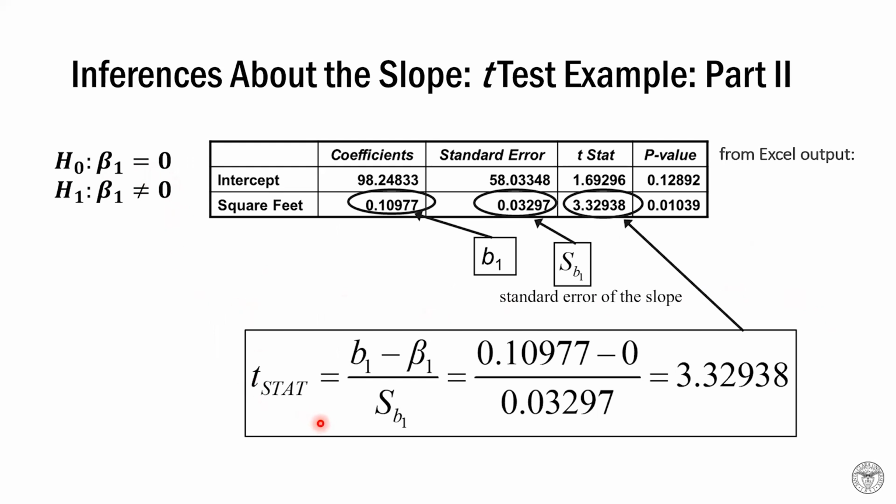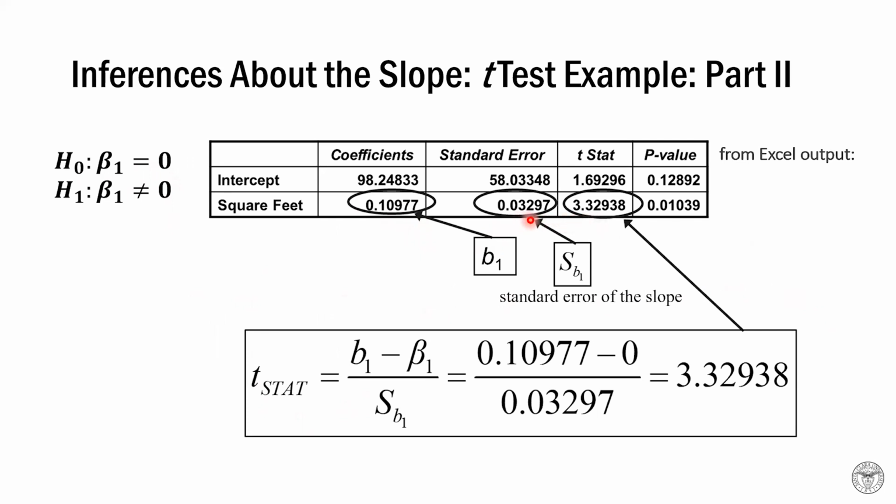From the Excel output, we know that the estimate of the slope is 0.109777. The standard error of the slope is 0.03297.